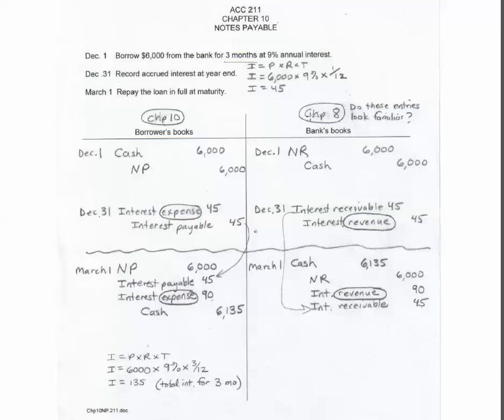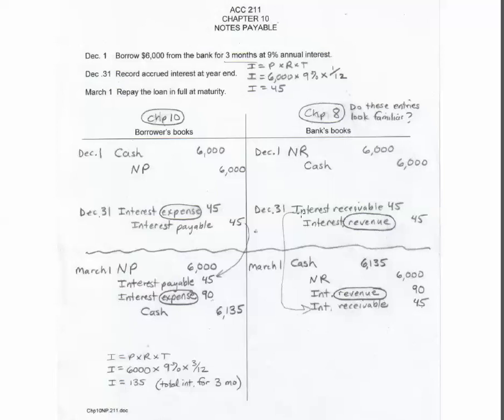So back from Chapter 8, if you were the bank loaning out the money, you'd be crediting cash, and the borrower now owes you the $6,000. At December 31, the end of the year, you would need to recognize that since 1 month had gone by, the bank has earned 1 month of interest.